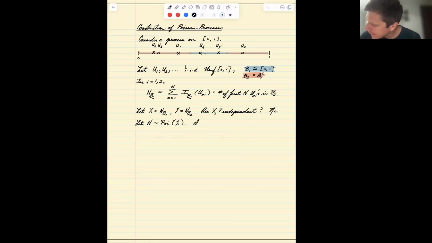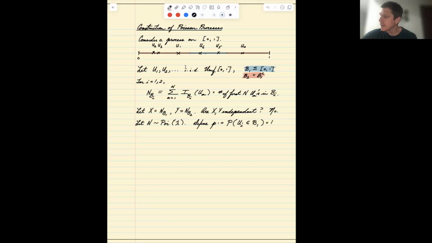Let's define little p to be the probability that any given uniform falls within B1. What is that probability? Well, B1 is a subset of the unit interval, and uniform random variables fall within subsets with probability equal to the size of the subset.